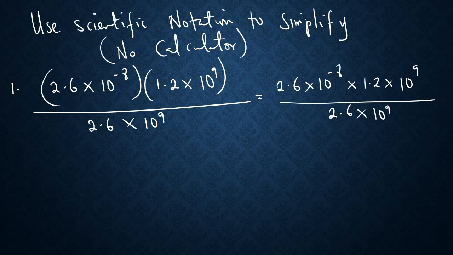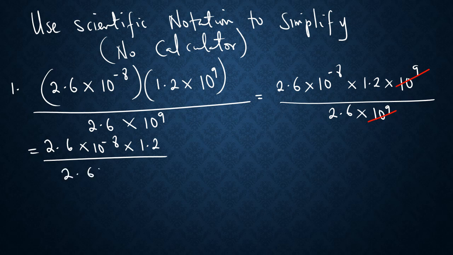If we learned our cancellations, I know that this 10 to the 9s will go away, and then that would simplify to 2.6 times 10 to the negative 8 times 1.2 divided by 2.6 times 1. Times 1, so basically we can just take that away.